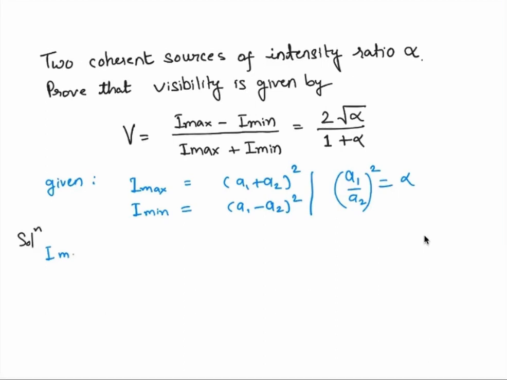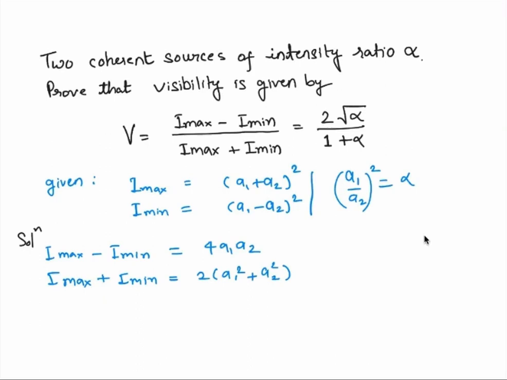So your Imax, or better to write, Imax minus I minimum. That is, our numerator will be equal to, if I subtract this from here, I will get 4 times A1 A2, and the denominator I max plus I minimum will be equal to 2 times A1 square plus A2 square.